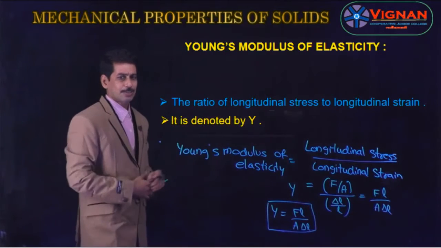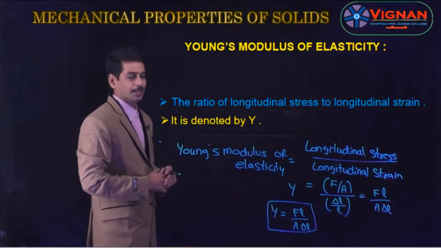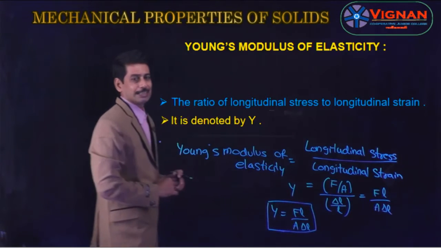In this expression, F is the force acting on the wire, L is the actual length of the wire, A is the area of cross section of the wire, and delta L is the increased length of the wire.